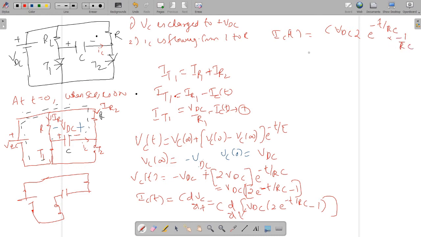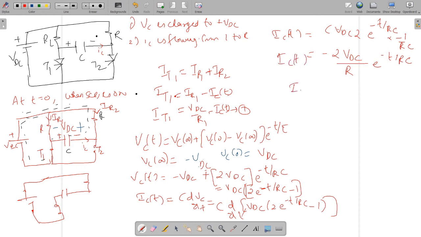If you rearrange these terms, it will be minus 2 VDC into C. Now you can see C and C will get cancelled out. So this will be minus twice VDC upon R e to the power of minus t upon RC. This is the expression of iC(t).